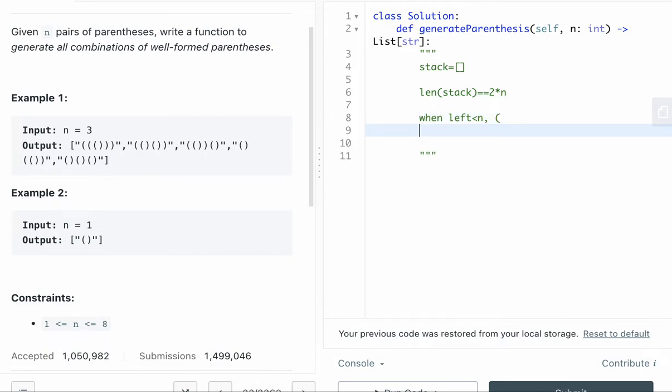And the other thing you have to think about is when the right parentheses count is smaller than the left, then we continue to append the right parentheses, if that makes sense to you.